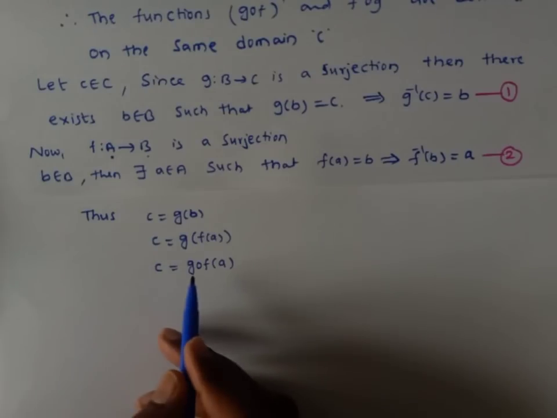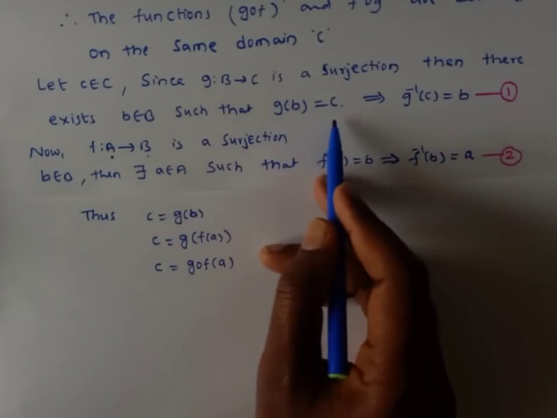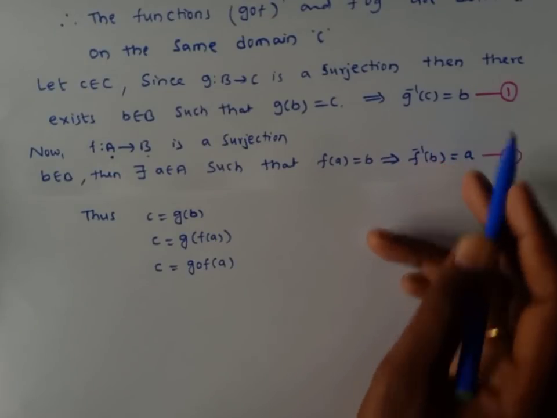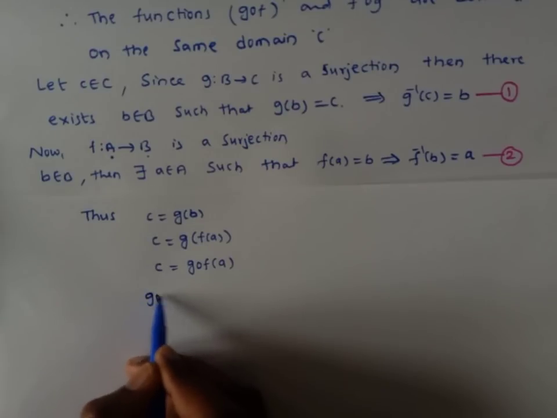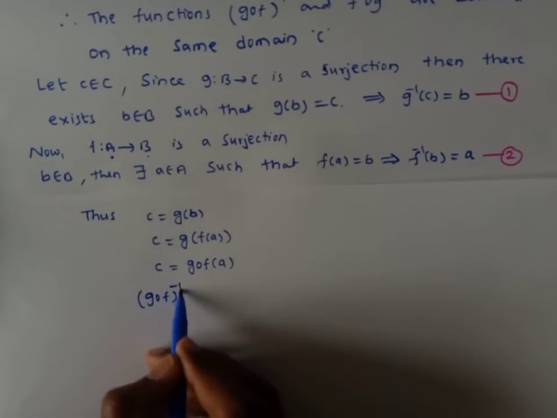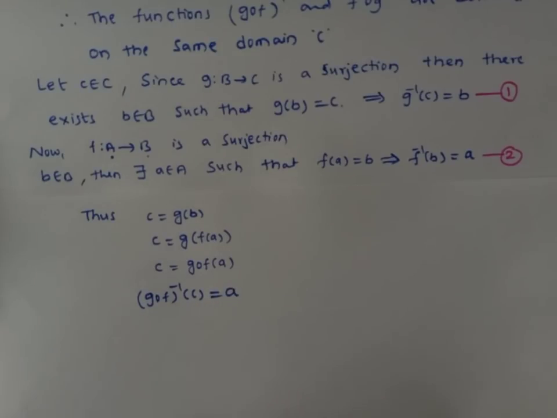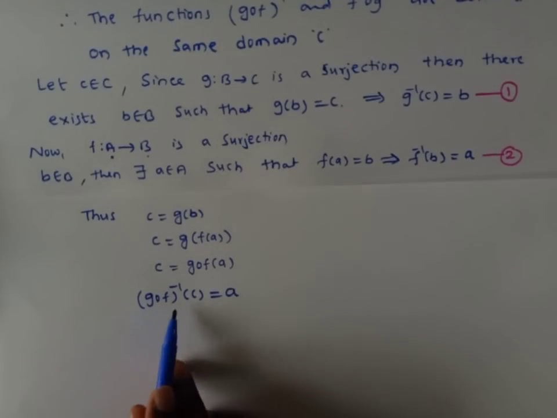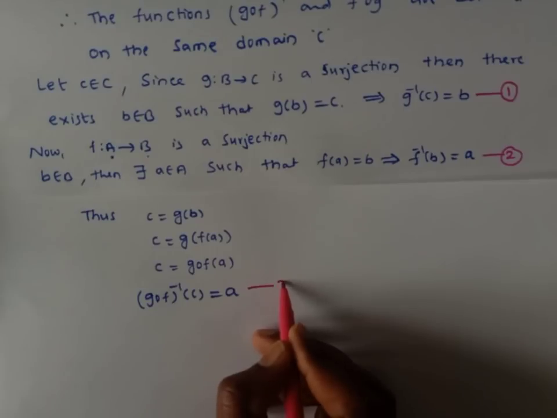From equation 1, G of B equals C, that means G inverse of C equals B, right? In the same way, (G circle f) whole inverse of C is equal to A, right? Let this be number 3.